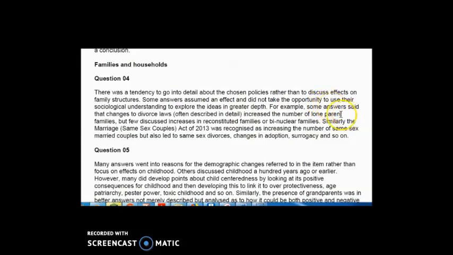Some answers said that changes to divorce, often described in detail, increased the number of lone parents, but few discussed increases in reconstituted families or binuclear families. Similarly, the Marriage (Same Sex Couples) Act of 2013 was recognised as increasing numbers of same-sex married couples, but also led to same-sex divorces, changes in adoption, surrogacy and so on.